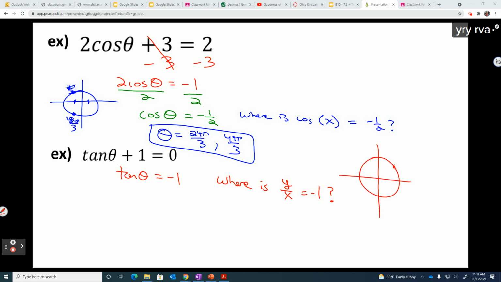We know our possibilities are all these quarters, like pi over 4, 3 pi over 4, 5 pi over 4, 7 pi over 4. And again, all of those because they have the radical 2 over 2's, radical 2 over 2 equals 1, right? But we need it to be negative 1, so we won't choose all of these. Which 2 would give us a negative 1?